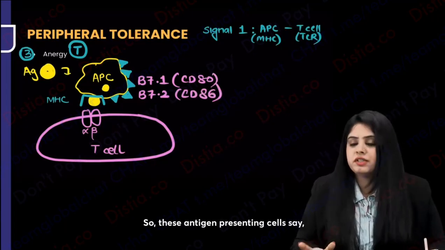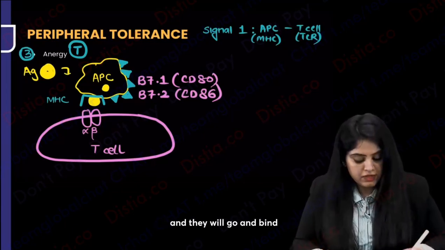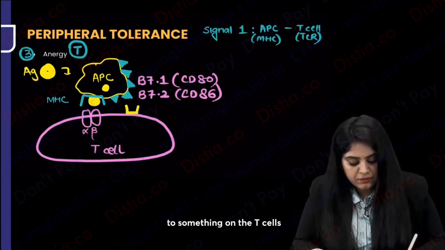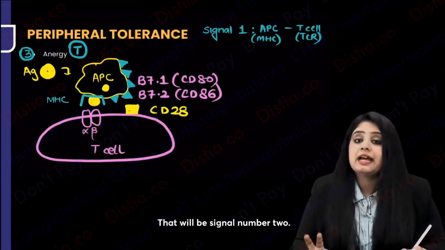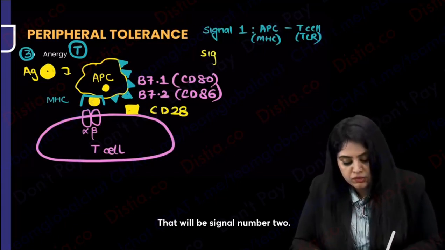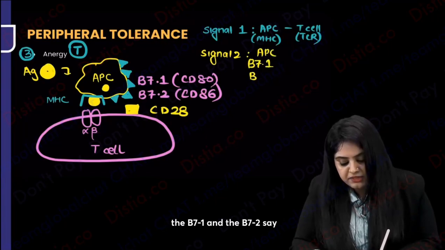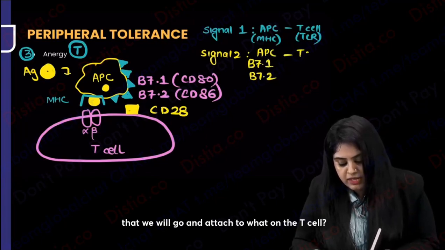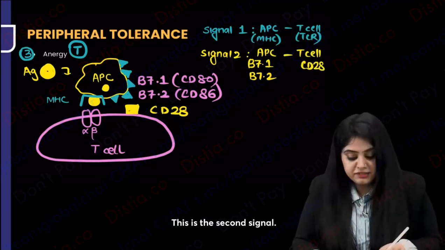So these antigen presenting cells say, okay, let me have this B7-1, B7-2, and they will go and bind to something on the T cells which is known as CD28. That will be signal number 2. Signal number 2 is what? When on the antigen presenting cell, the B7-1 and the B7-2 attach to what on the T cell? CD28 on the T cell. This is the second signal.